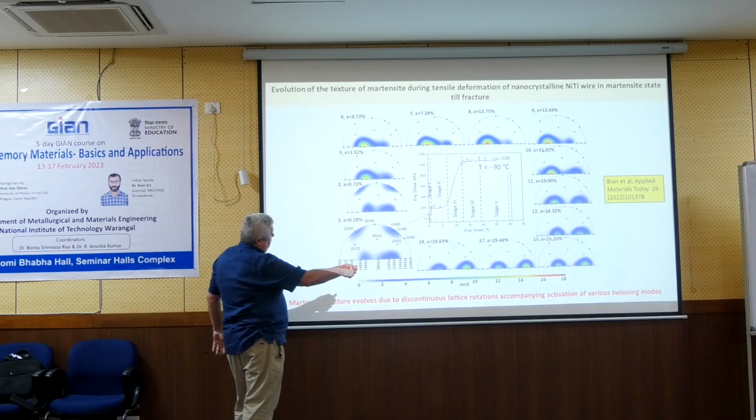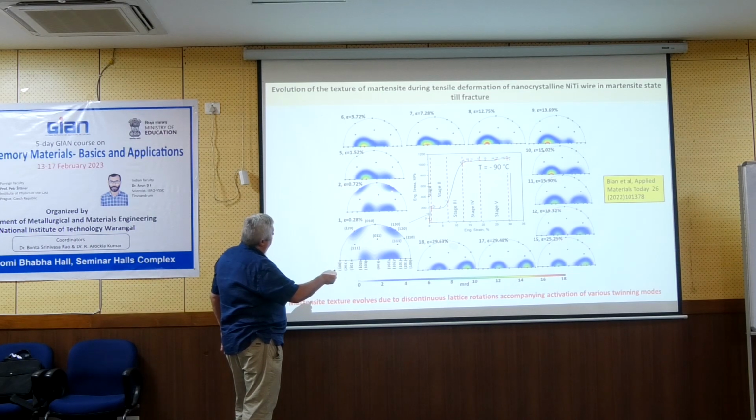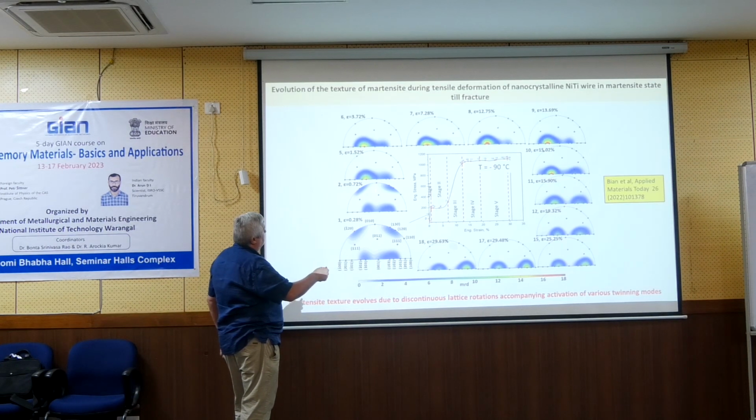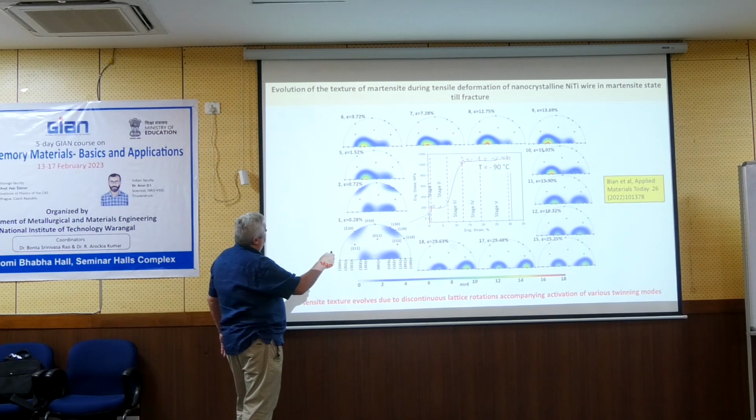And then, if reorientation occurs, in stage 2, which is here, I have 4, and in stage 5, which is here, next to it, because the deformation band passed through it, these 2 disappear and I have only 2.